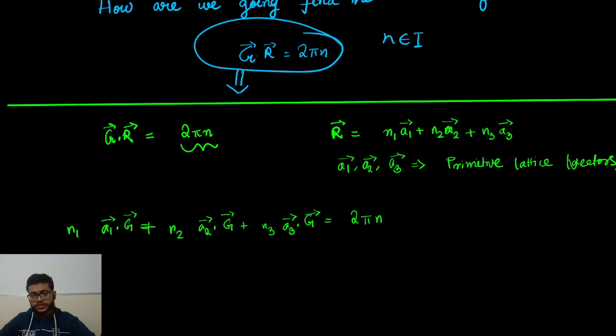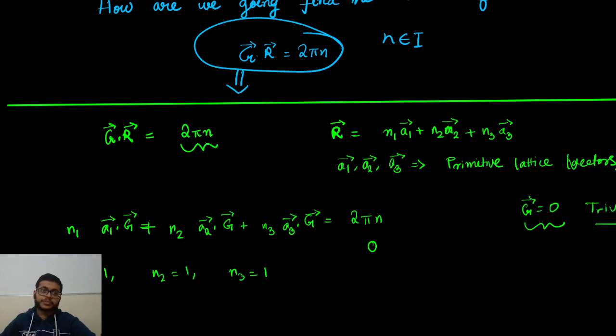Obviously G equal to 0 is a solution here, but that's a trivial solution, because if you put that in, you will get 0 everywhere. So we don't want to look at these trivial solutions. We want to see, for example, n1 equals 1, n2 equals 1, n3 equals 1.